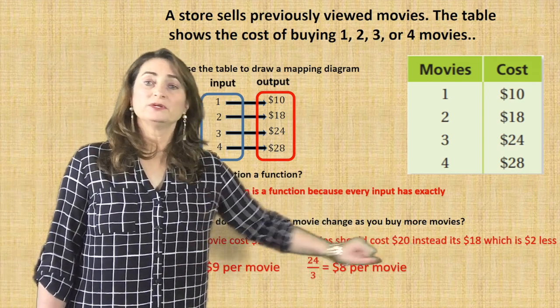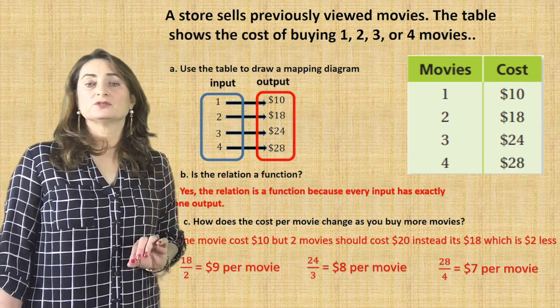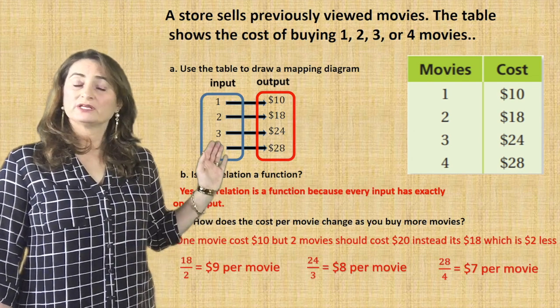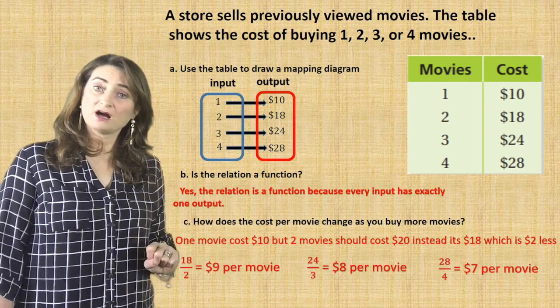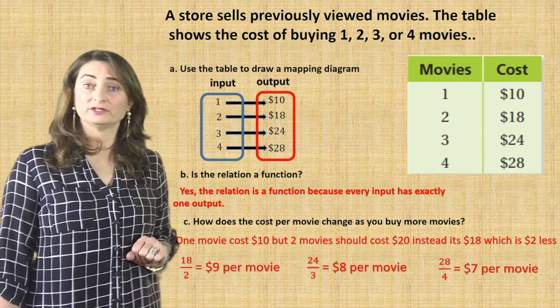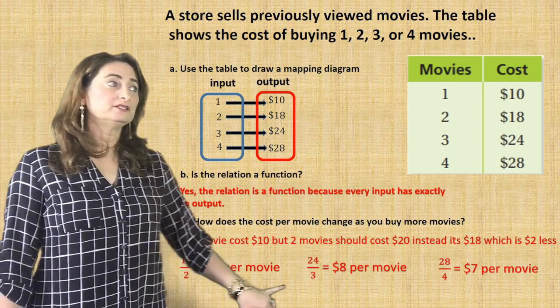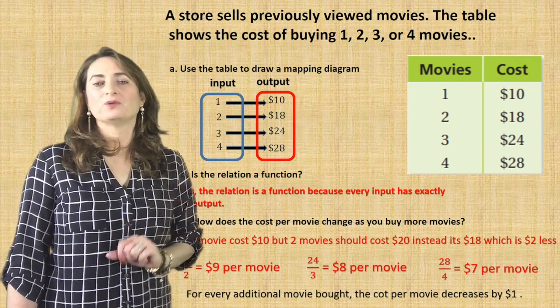And if I divide 28 by 4, it equals $7 per movie. So 1 movie costs you $10, but 2 movies cost you $18, which drops the cost by $1 every time you buy an extra movie, which means for every additional movie bought, the cost per movie decreases by $1.